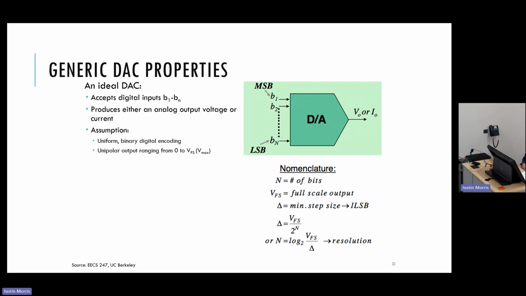Delta is going to be defined by the full scale voltage divided by the number of combinations that we have at the binary inputs. And then we can say that n is the log base 2 of the full scale divided by delta, which is our step size. That is going to be our resolution of the depth.